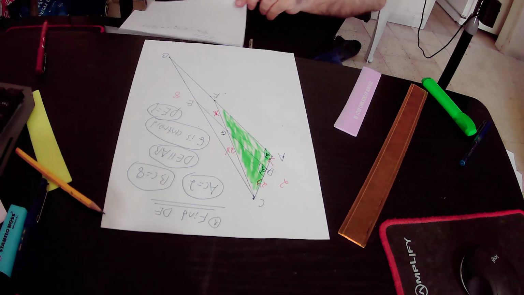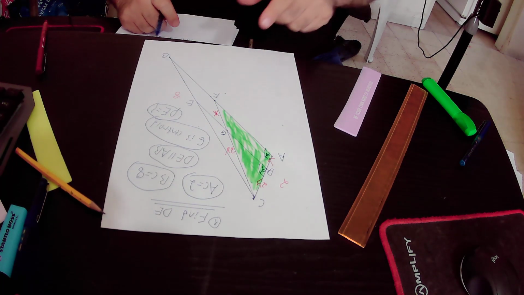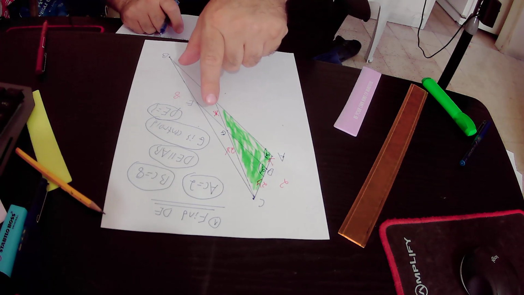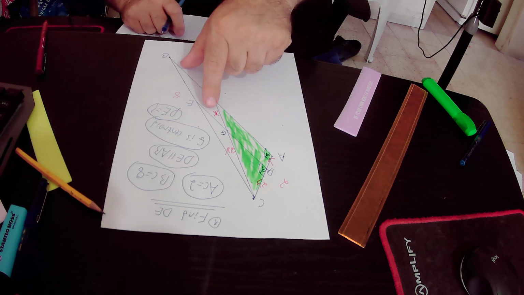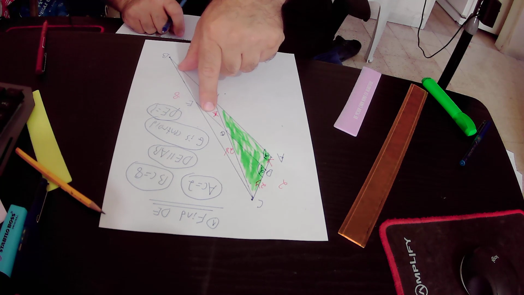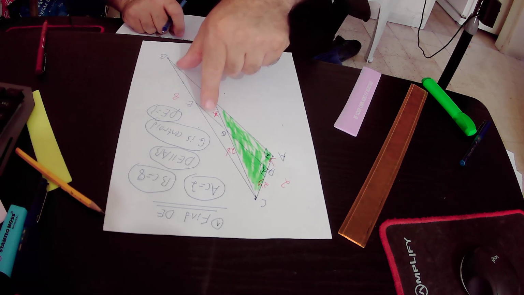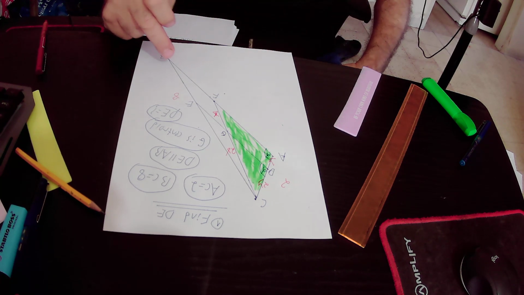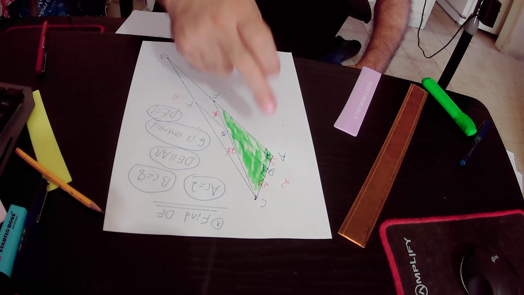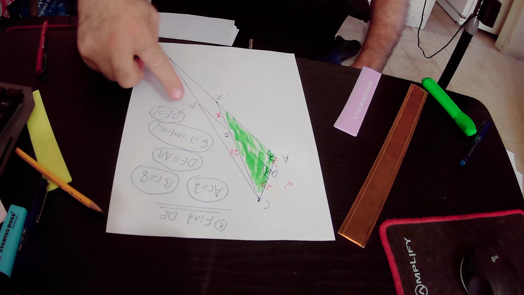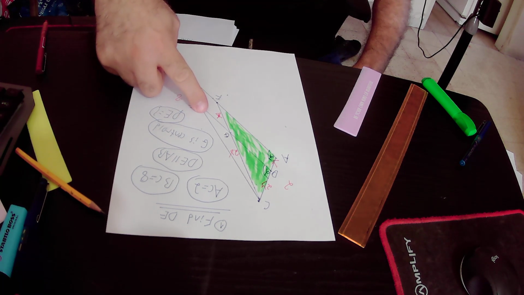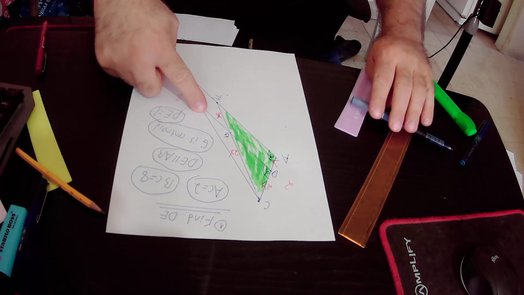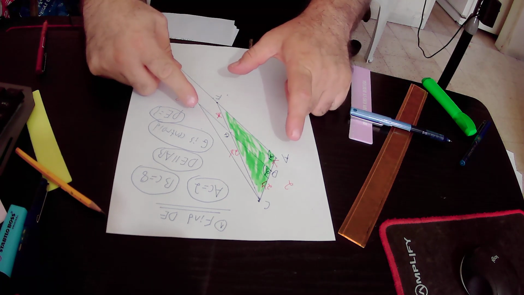And for the same reason, those two angles will also be equal to each other, because they are corresponding angles. Angle ABC and angle DEC are corresponding angles, and they are located between parallel lines.